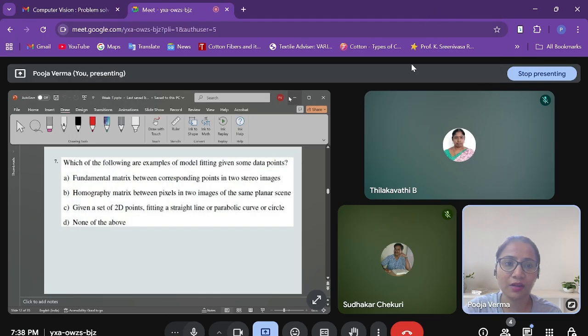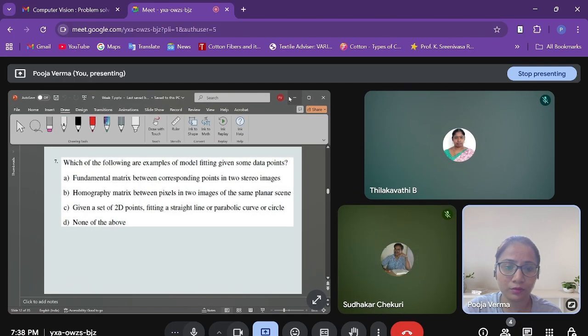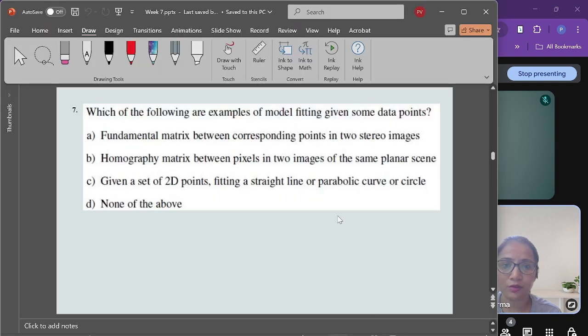Question number 7, right? Till question number 7, you have got. Okay. So question number 7: which of the following are examples of model fitting, given some data points? A, the fundamental matrix between corresponding points in two stereo images; B, the homography matrix between pixels in two images of the same planar scene; C, given a set of 2D points, fitting a straight line or parabolic curve or a circle. Option D is none of the above.